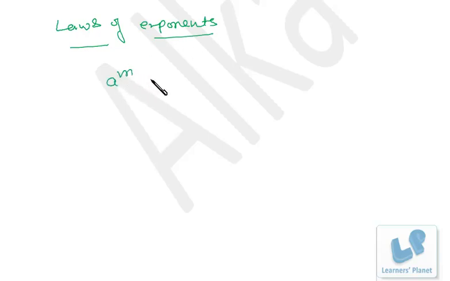So let's have a quick recap of all the laws of exponents. Now, suppose we have a number a raised to m, and another number, still a, raised to n.